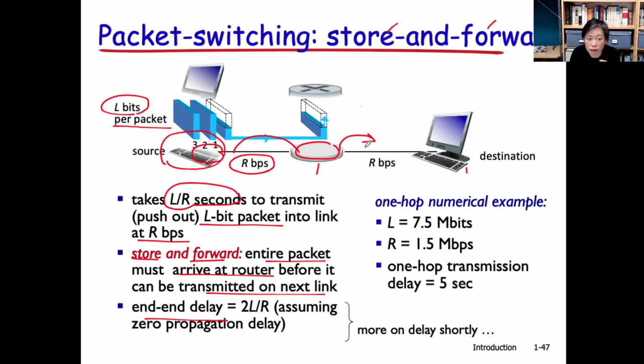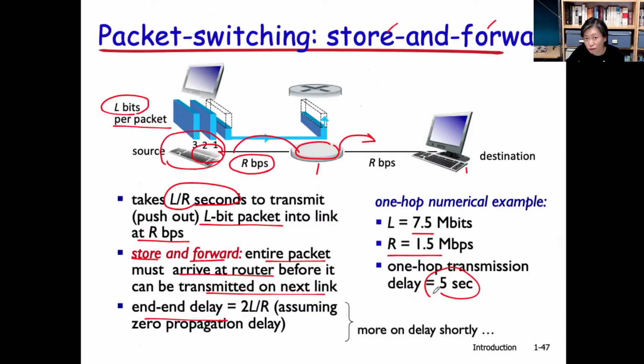That's another L divided by R. So if L is 7.5 megabits and R is 1.5 megabits per second, each hop takes 5 seconds. 2 hops, in this case, how long? 10 seconds. 3 hops, and so on. The more hops you have, the longer the delay of sending the packets.